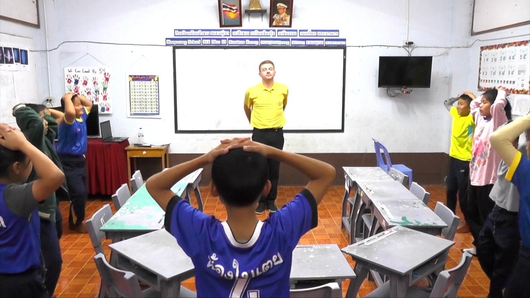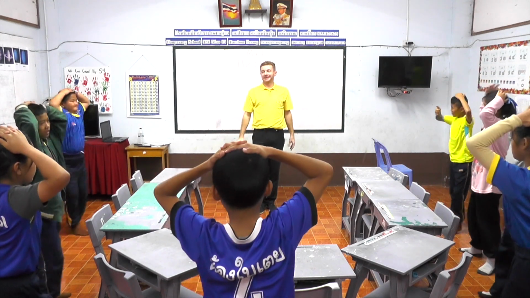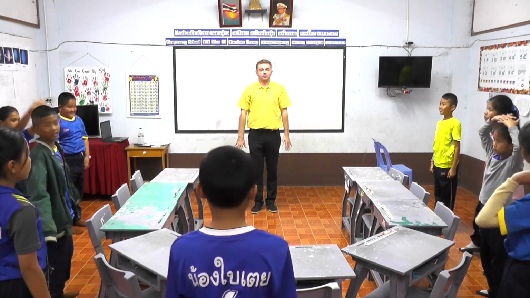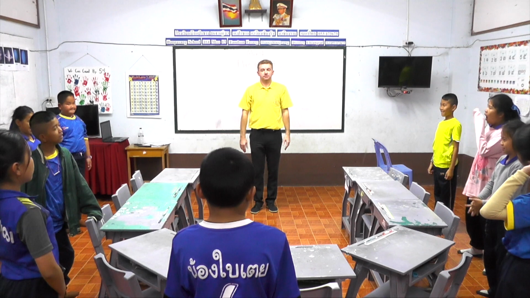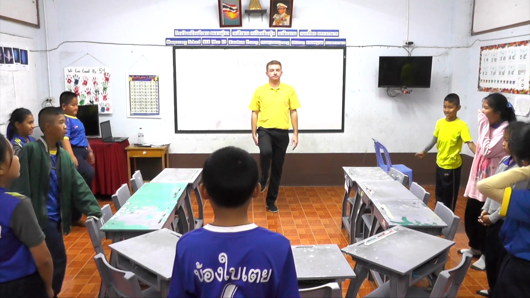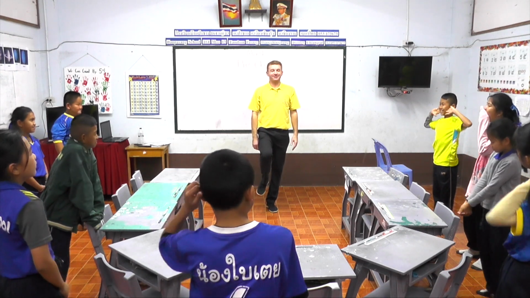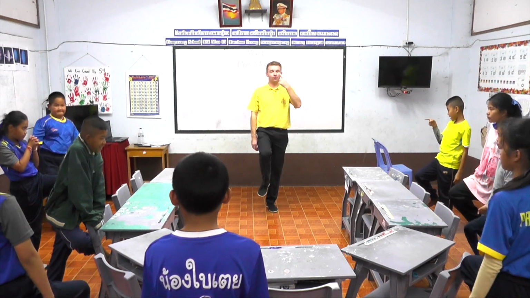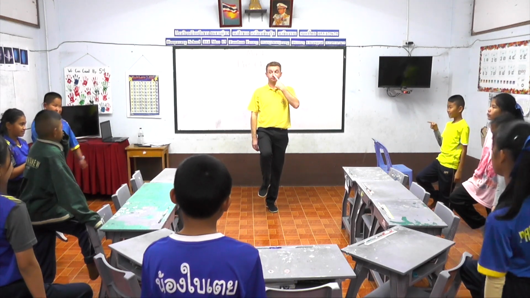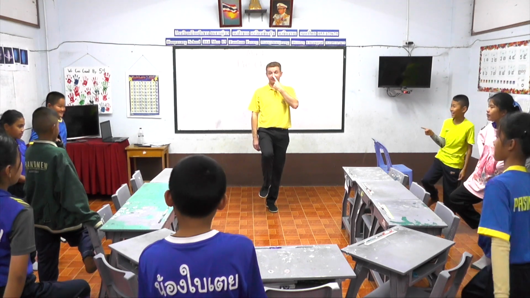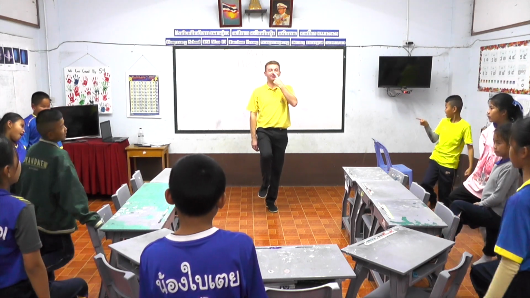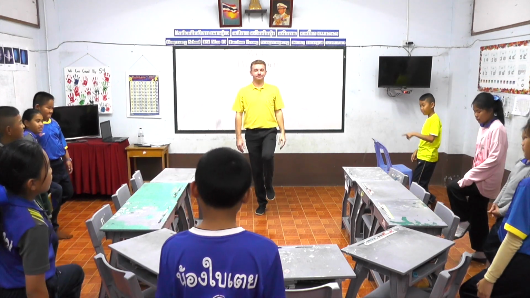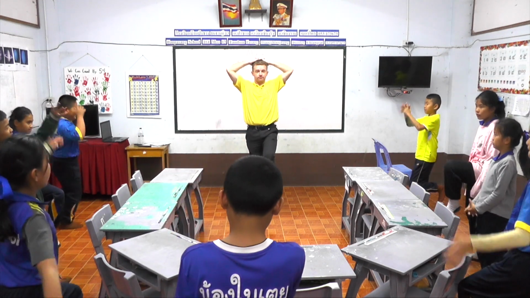And stop. Teacher says, stop. Teacher says, arms by your sides. Stand on one leg. Teacher says, stand on one leg. Touch your nose. Teacher never said. Teacher says, swap legs. Teacher says, hands on head.